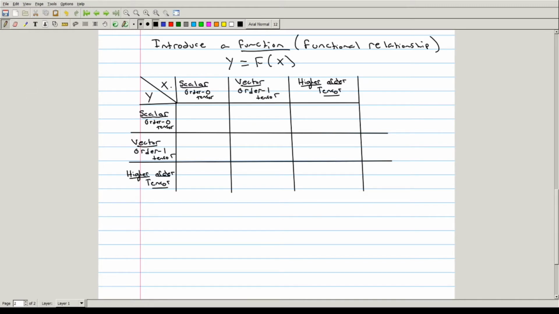If f is a function from a scalar to a scalar, this is the realm of scalar valued functions of scalar valued independent variables. This is the realm of calculus 1, so single variable calculus.